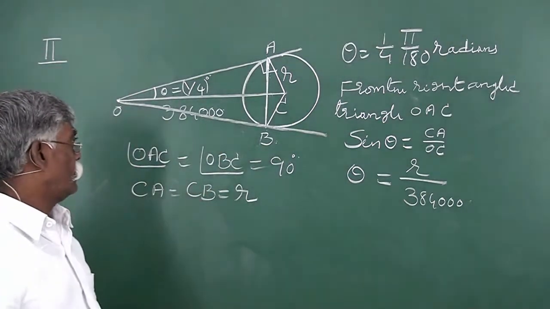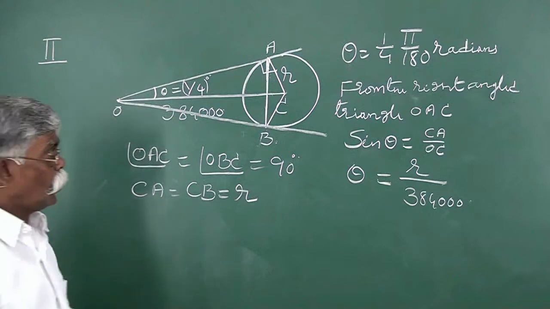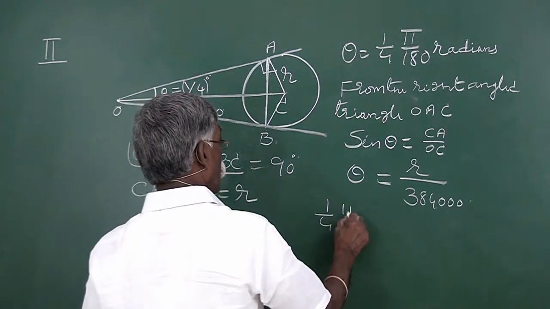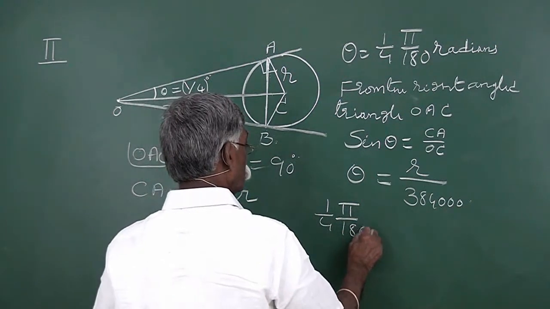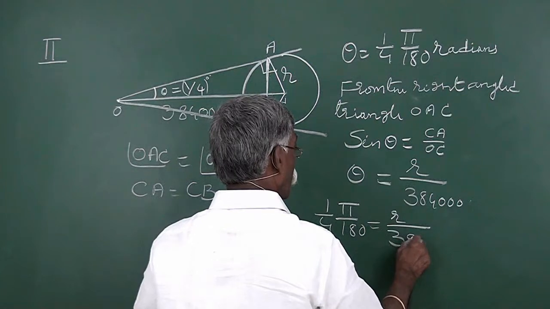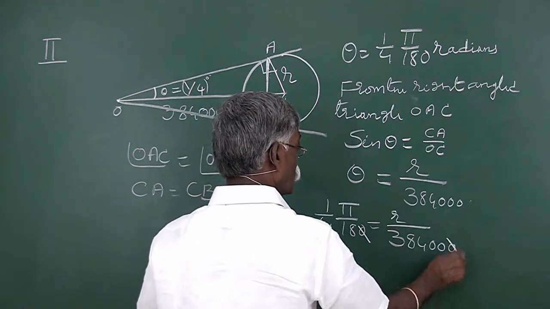And now this theta is 1 by 4 into pi by 180 is equal to R by 384,000. So 1 0 gets cancelled here.